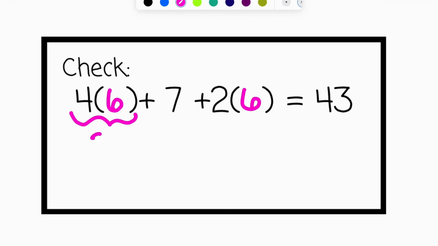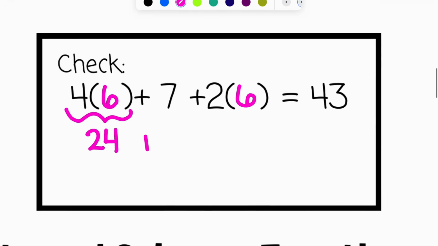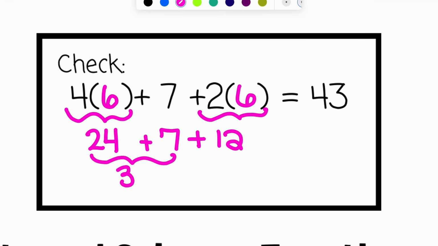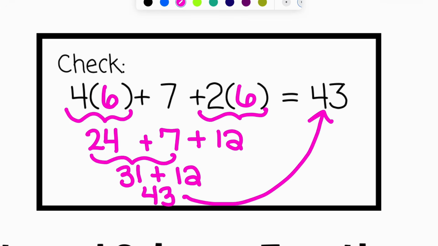Alright, so 4 times 6 is 24 plus 7, and then 2 times 6 is positive 12. And then I just add those up. 24 plus 7 is 31. And 31 plus 12 gives me 43. And since that matches the other side of the equation, I know I got it right.